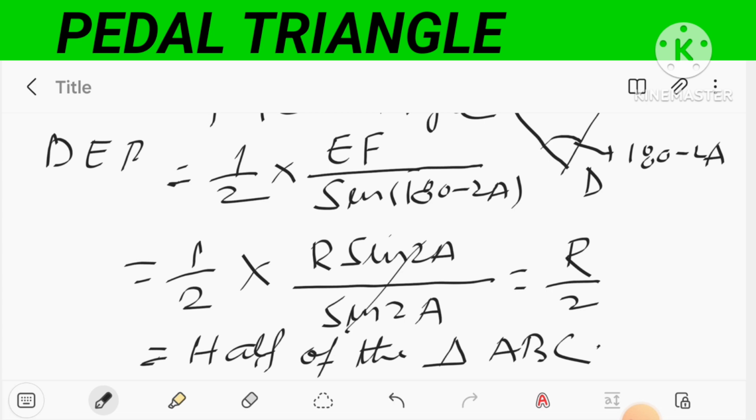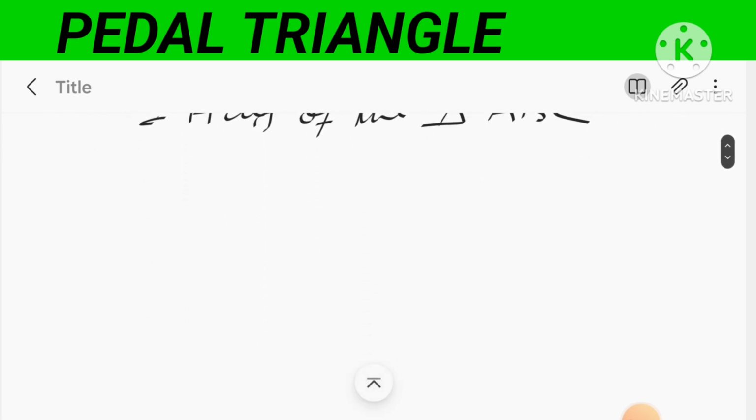So you can find the area and circumference of this circle.